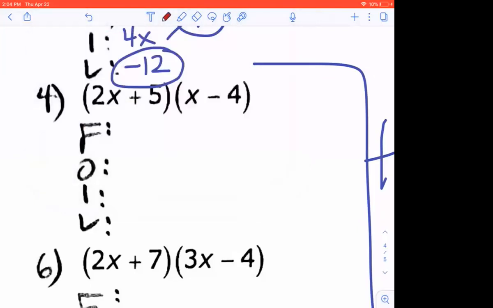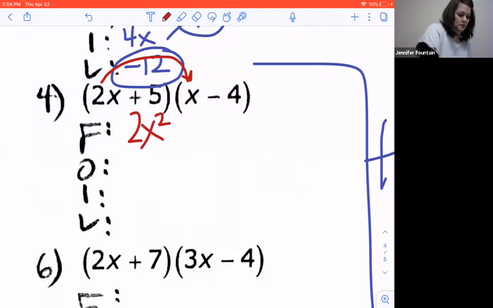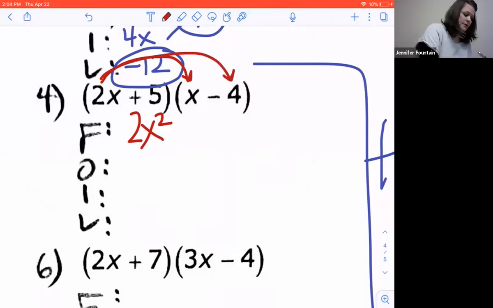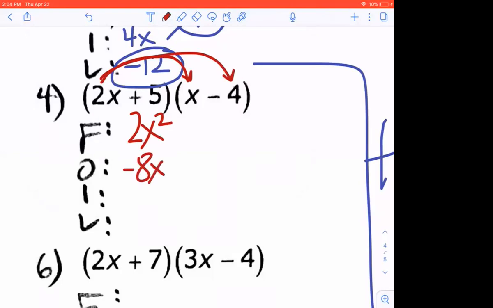You do 2x times x. That would be 2x squared. Good. And then you do 2x times negative 4. What's that going to be? Negative 8x. Great. And then 5 times x, so that's 5x.